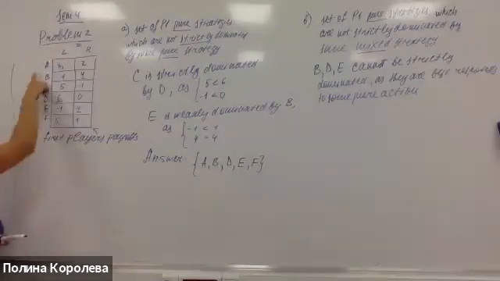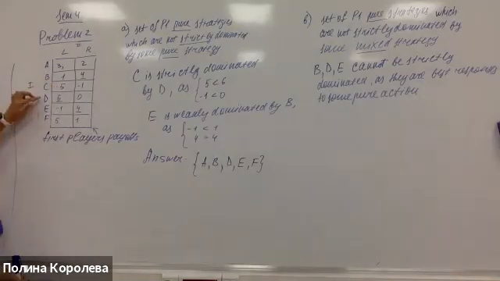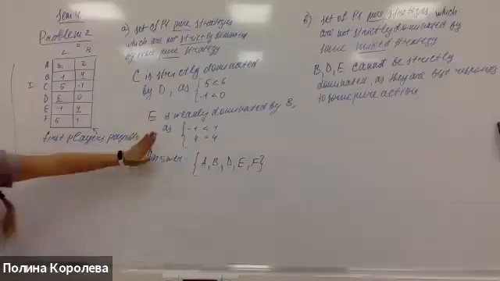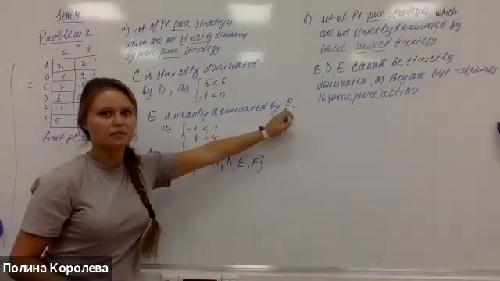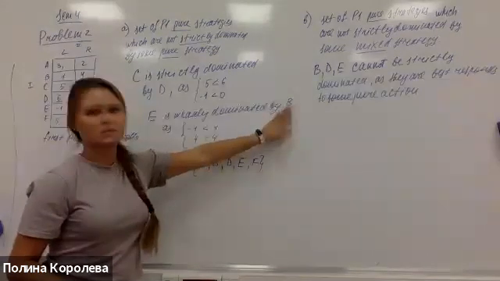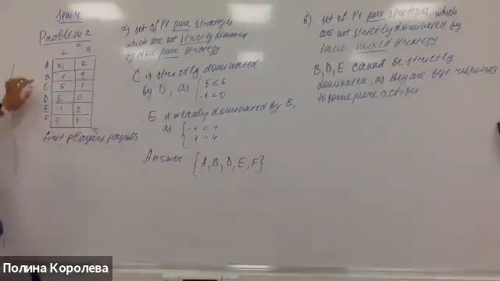For example, B and D. Why do I not consider D and E? Because you know from here that E is weakly dominated by B. So B is almost better than E. So let's consider B and D and mix them.